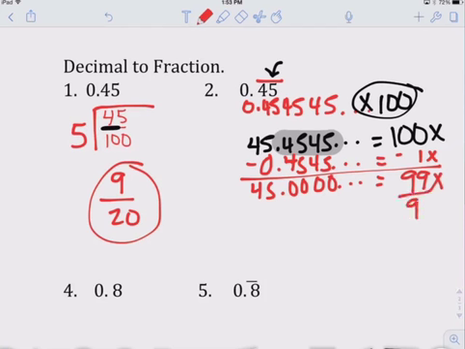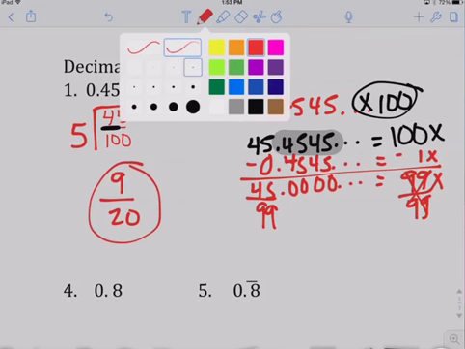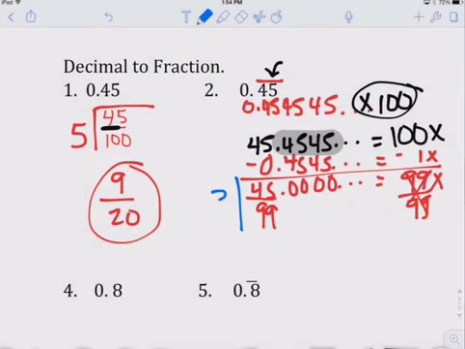Divide by 99. Divide by 3. Oh my gosh, not divide by 3, divide by 5. 9 over 11.